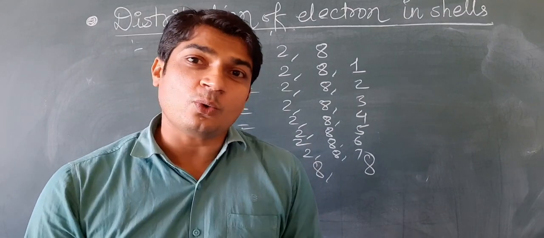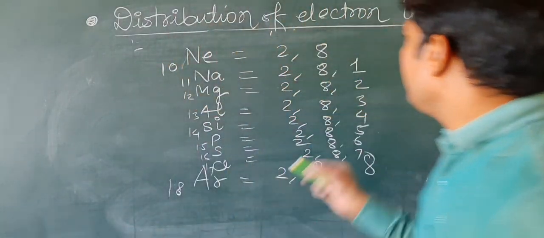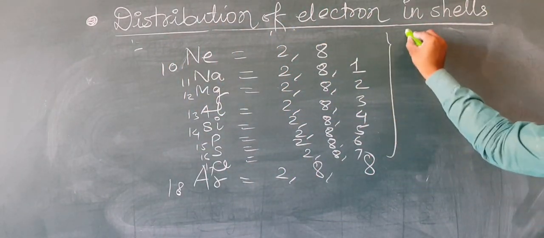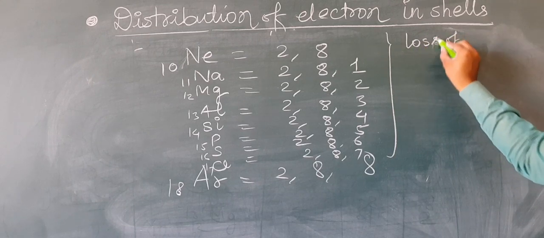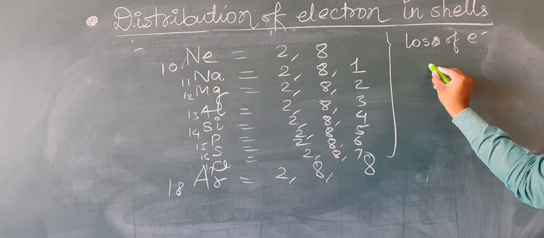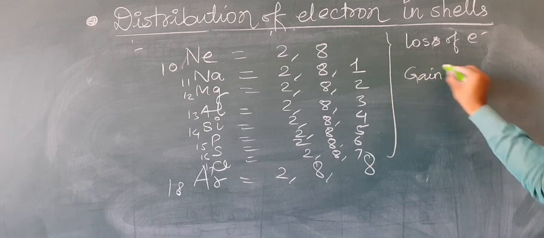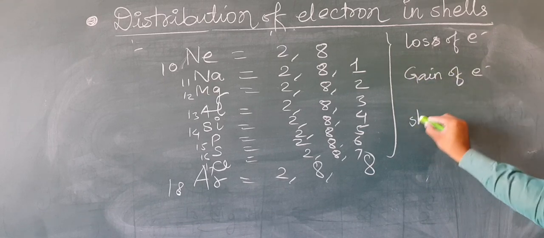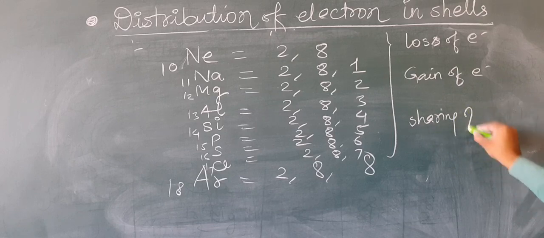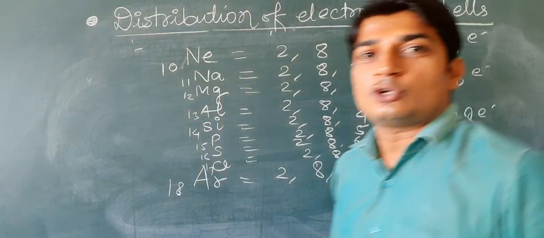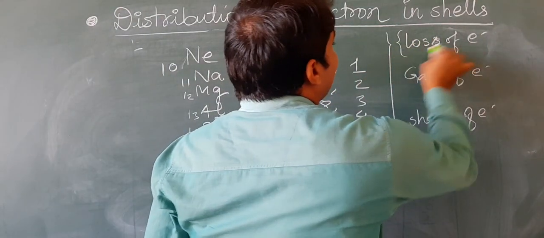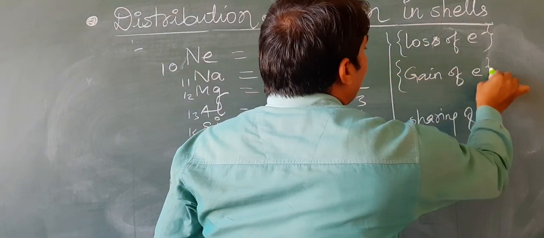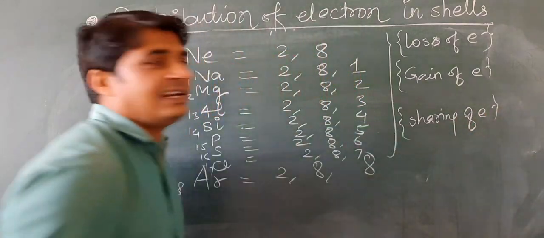Okay, and how can this octet be completed? It can be completed in 3 ways: by the loss of electrons, gain of electrons, or by sharing of electrons. So to complete the octet, an atom either loses electrons, gains electrons or shares electrons.